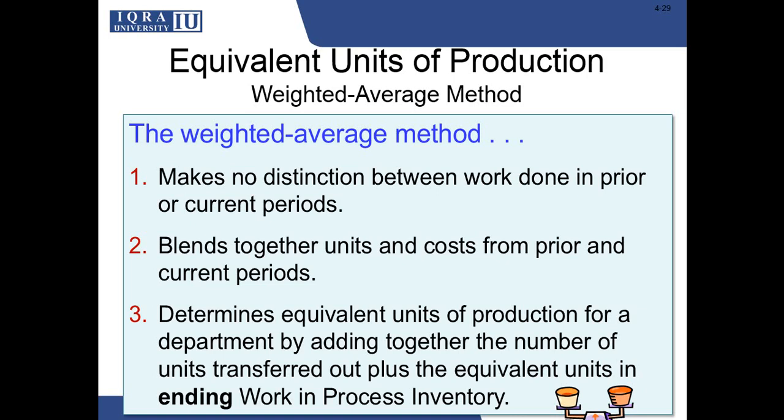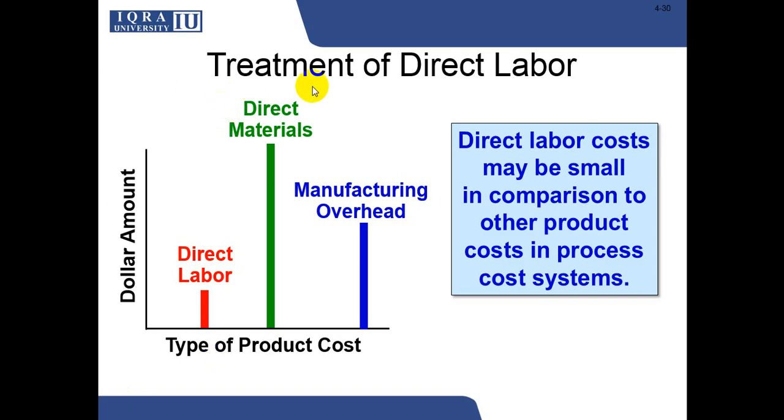Okay, treatment of direct labor. There is one other thing, that is the treatment of direct labor. Direct labor cost may be small in comparison to other product costs in a process costing system. Since this cost is small, we will take it into the manufacturing overhead, and then we say the direct labor and manufacturing overhead is the conversion cost.